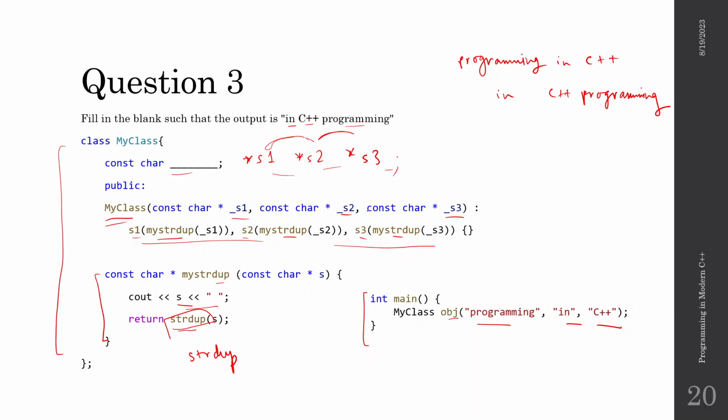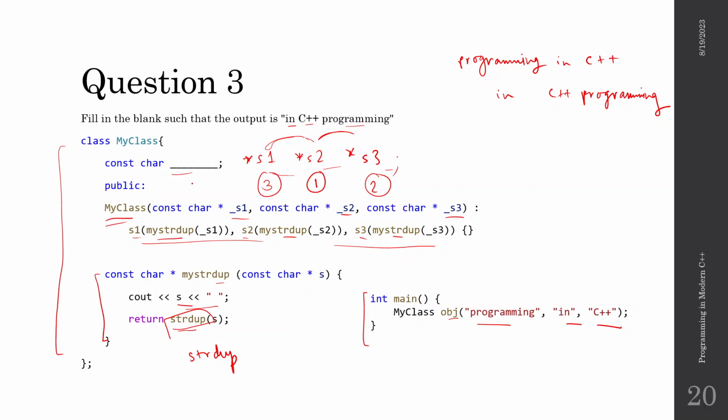So since we would first like to print in, we will put s2 first. Okay, this one will be put first, then we have to print C++, so this s3 will go second, and finally s1 will be written here.